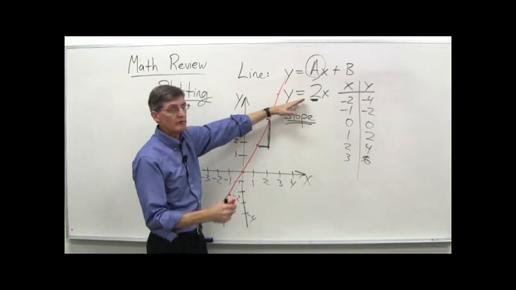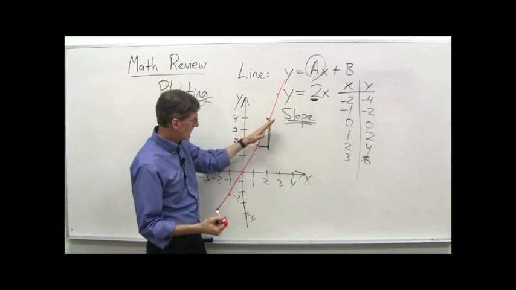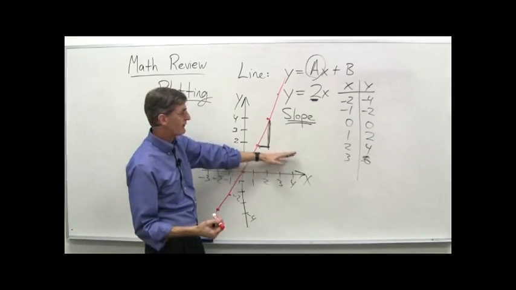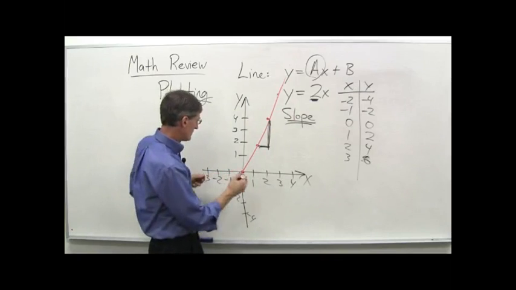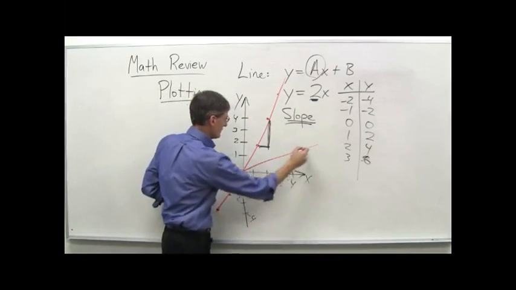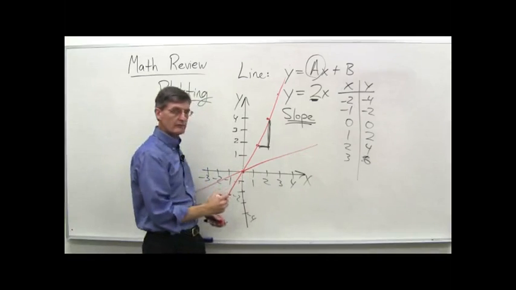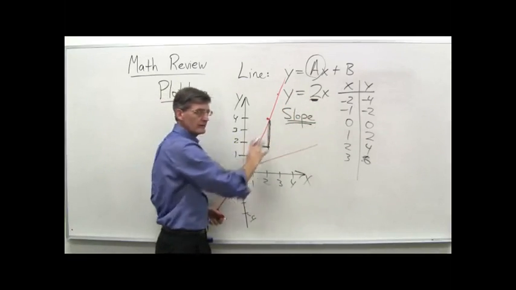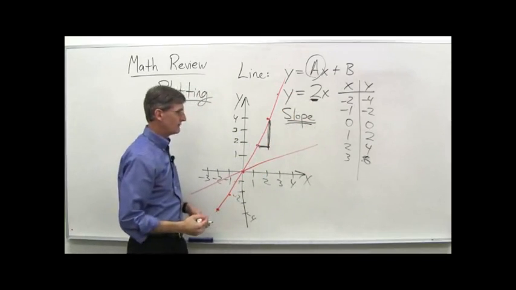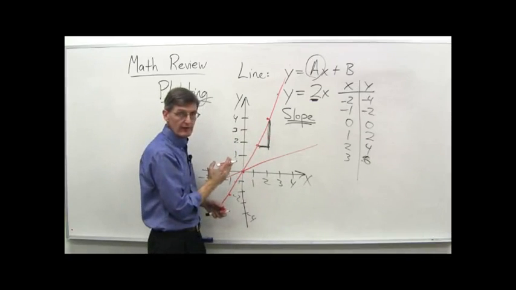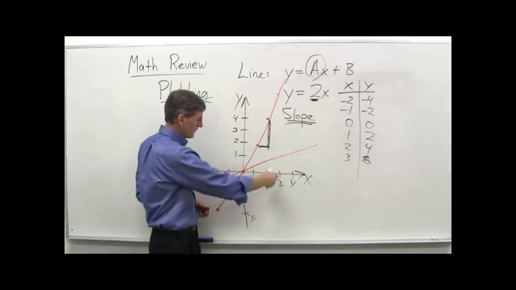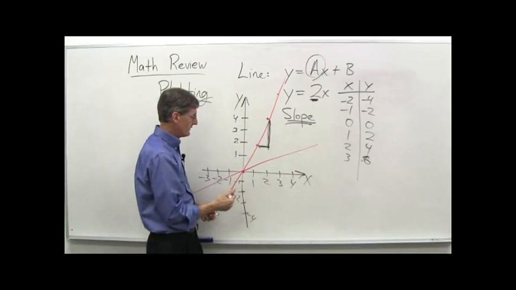The smaller the number, assuming we were talking about a positive number, the slope of the line would be more like this. If it was 1/2 there, then we'd be seeing something more like a line sort of like that. That'd be a slope of 1/2 if we plugged in new numbers for that and plotted that line. A slope of 1 is going to be at a 45-degree angle, assuming our scaling on each axis is identical.